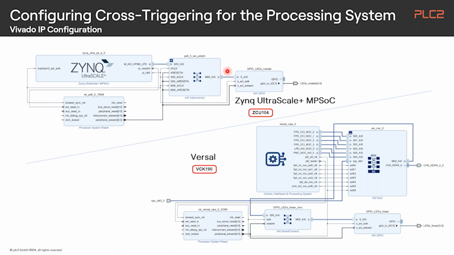Here a GPIO connected via an interconnect to the processing system AXI port. And the same is seen here, a GPIO connected with an interconnect to the NoC, which is also the interconnectivity in silicon with Versal. But this is the same demand from the view of the programmable logic, while the specific processing system is dependent on the target technology.